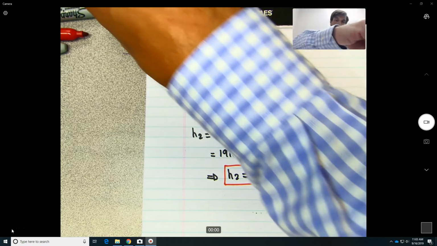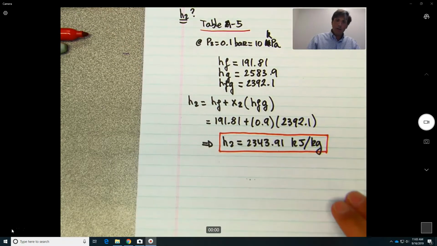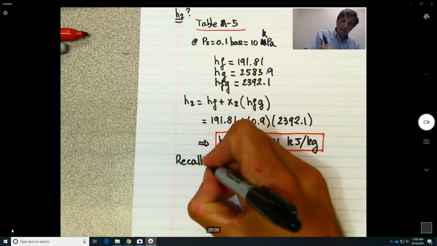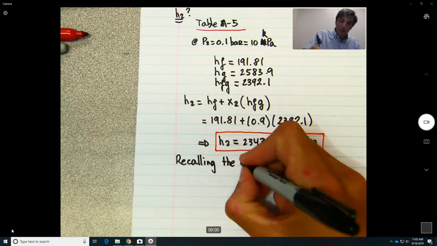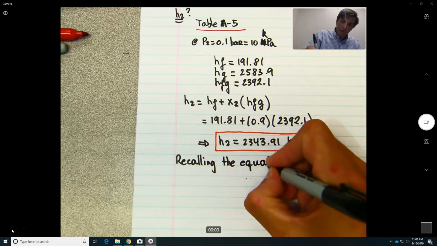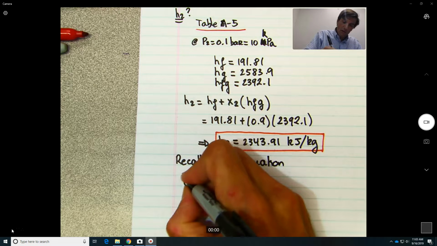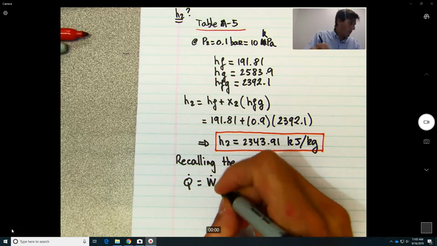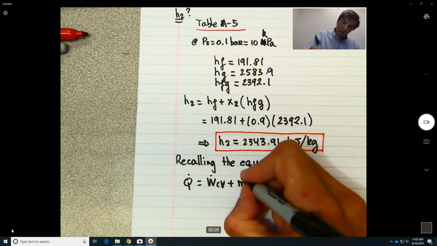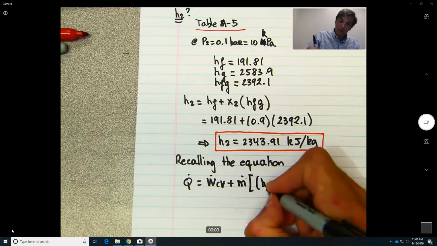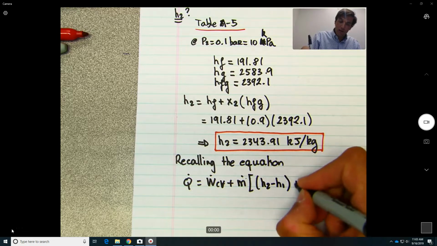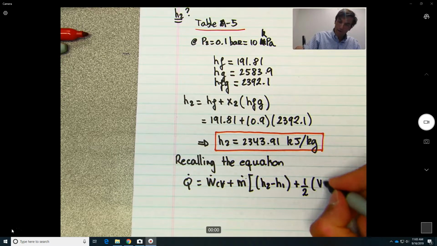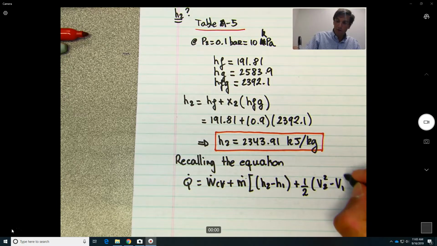Now let's go back over here and recall the equation: heat transfer equal to the work of the control volume plus the mass flow of H2 minus H1 plus 1/2 of V2 squared minus V1 squared.